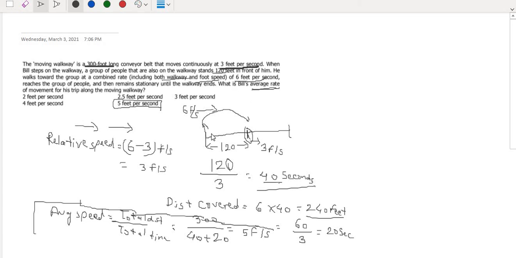Since he's walking at 6 feet per second and then 3 feet per second for some time, his average speed is definitely going to be more than 3, because he's constantly traveling at either 3 or more than 3. So you can get rid of 2, 2.5, and even 3, because we know it is going to be between 3 and 6.